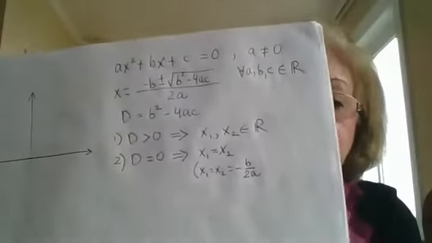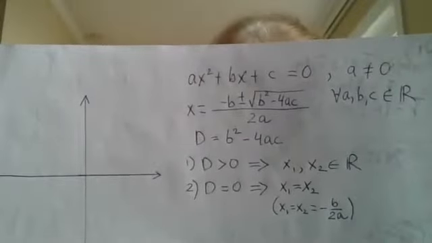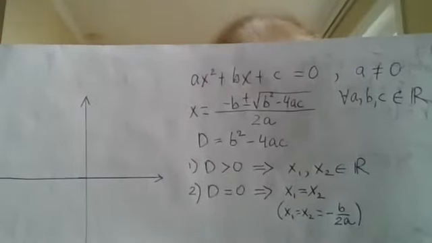I can go even further. x1 is equal to x2, or you can say you have two equal real solutions, or you can say that you have one real solution, because x1, let's say, will be equal to 10 and x2 will also be equal to 10. And in this case, all the time, these matching values for x1 and x2 will be equal to negative b over 2a. I guarantee you that result.